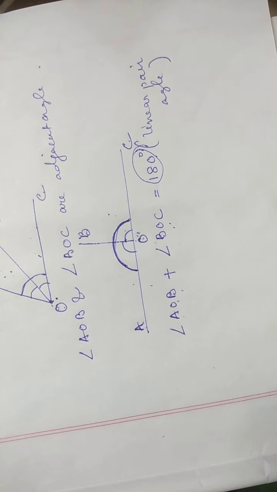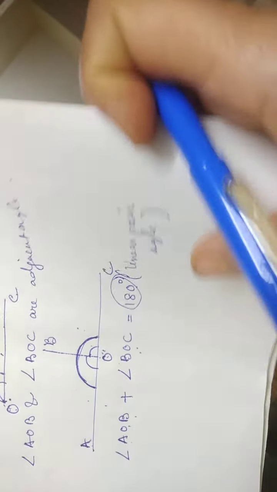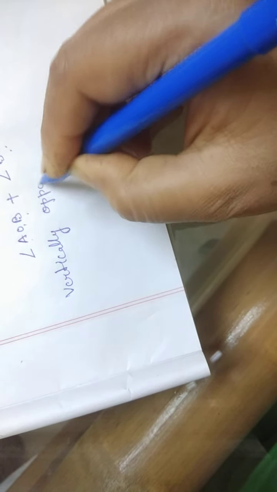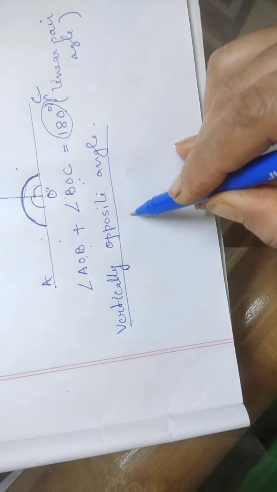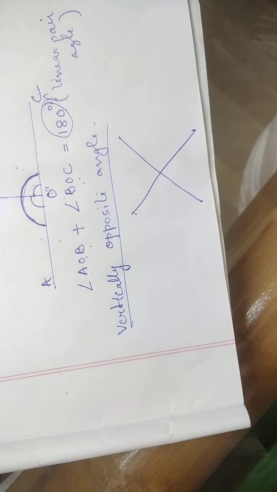Then come to the vertically opposite angle. So what is vertically opposite angle? When two lines intersect each other.